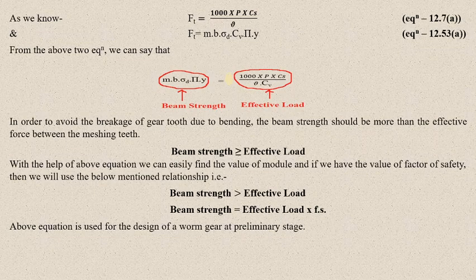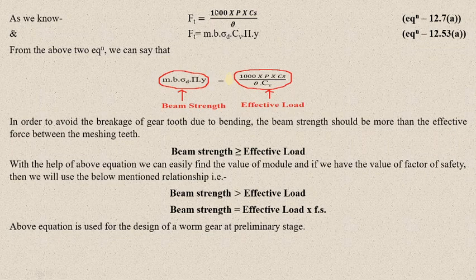As we know that when the teeth are subjected to fluctuating stresses, then endurance limit stress is the criterion of design. Here we will always consider that the allowable static stress is equal to the endurance limit stress of the gear tooth, which is again equal to 1/3 of the ultimate tensile strength.